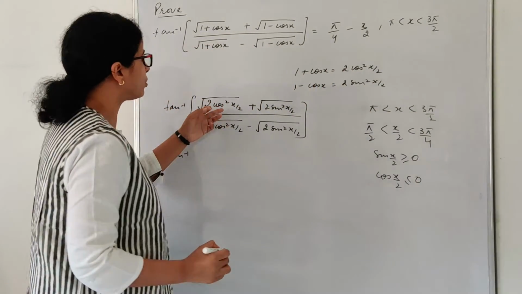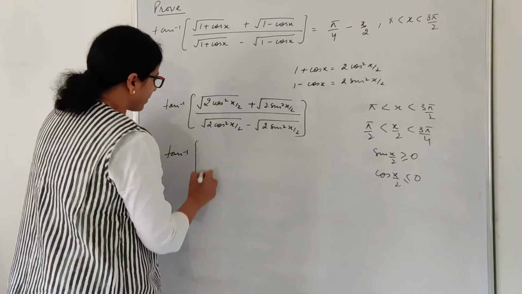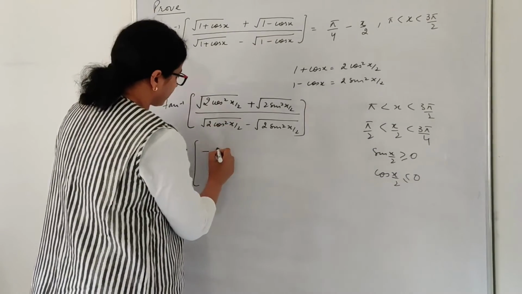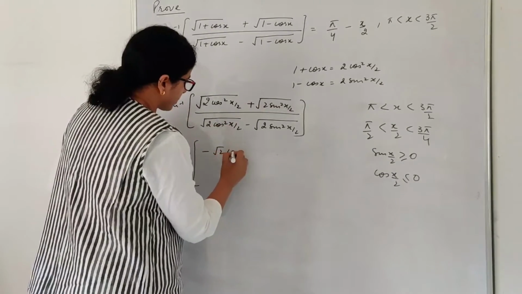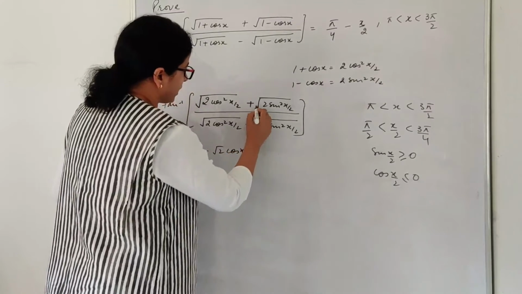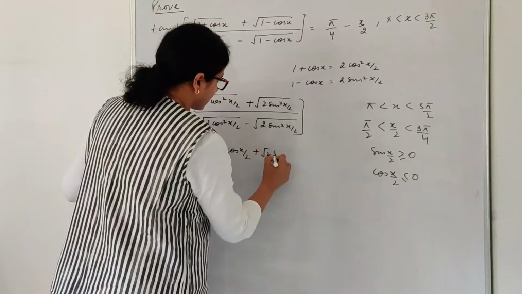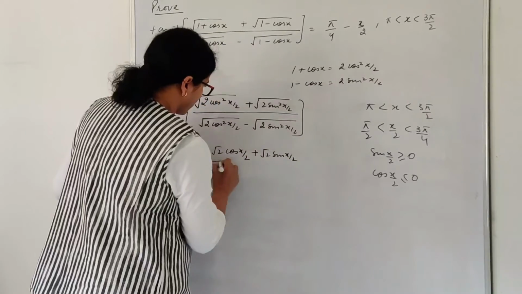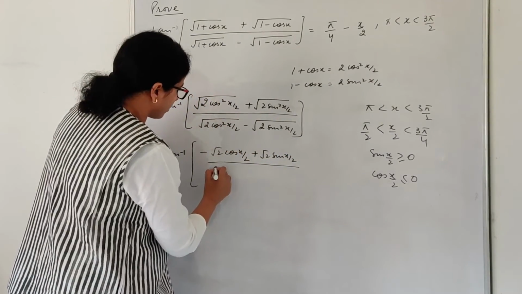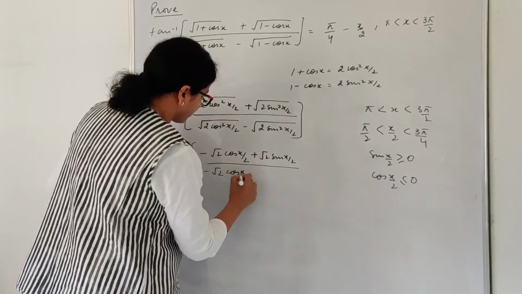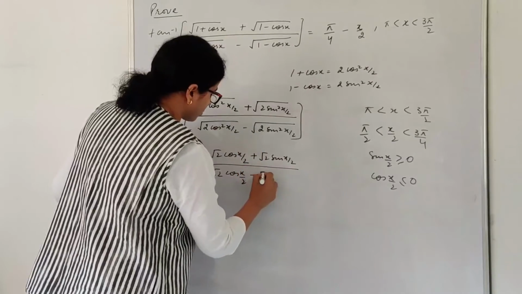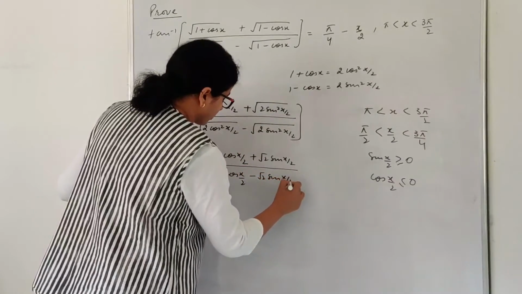So when I am taking out of the under root, what will I write? I will write here minus root 2 cos x by 2, this will be plus root 2 sin x by 2. Here what will I get? Minus root 2 cos x by 2. Already minus sign is there, so root 2 sin x by 2. Okay.